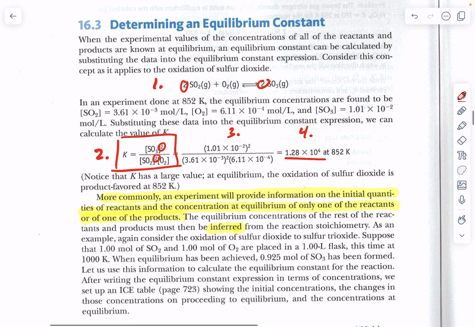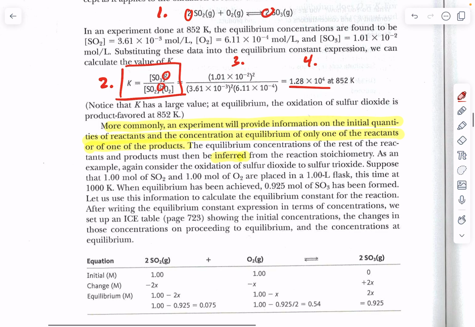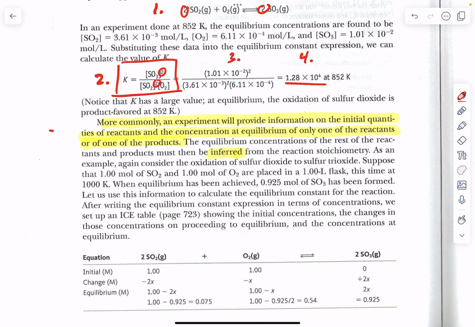Now, the value of Q is more commonly used this way. You will be given the information on your initial quantities, and you're going to be given the concentration at equilibrium of one of the products, and everything else can be inferred, can be deduced from doing your math.